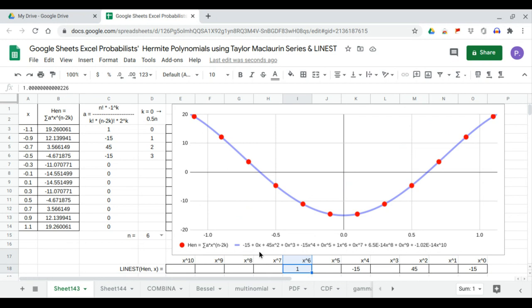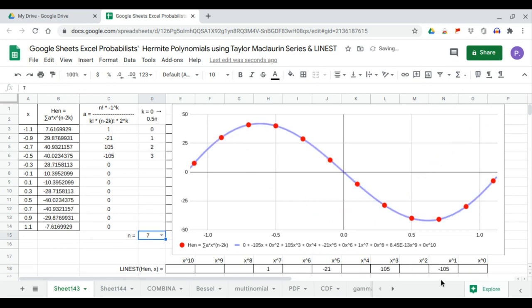N equals 7 is minus 105x plus 105x cubed minus 21x to the fifth plus x to the 7.